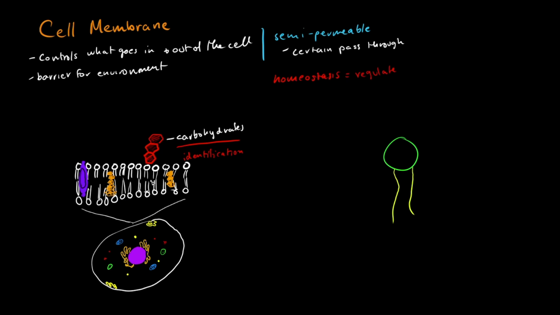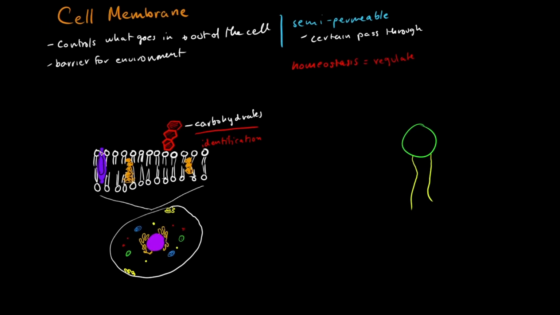Over here, off to the side, we have protein. You might remember this as well from our biomolecules video, in which we said that they have a variety of functions. And this really relates to the semi-permeable idea that only certain things can pass through the cell membrane. We talked about calcium ions and how they have a hard time getting through the cell membrane. This is because the cell doesn't want these calcium ions in large portions.